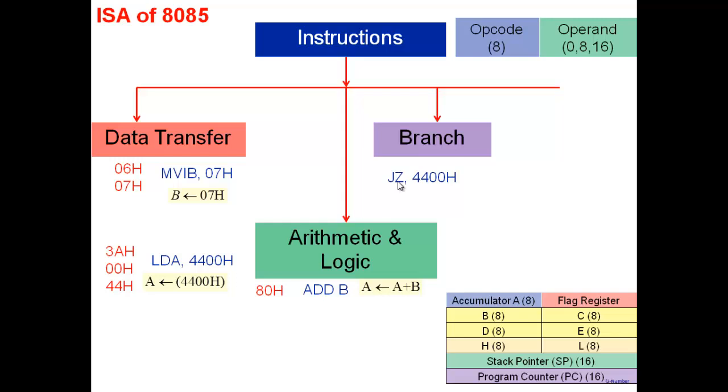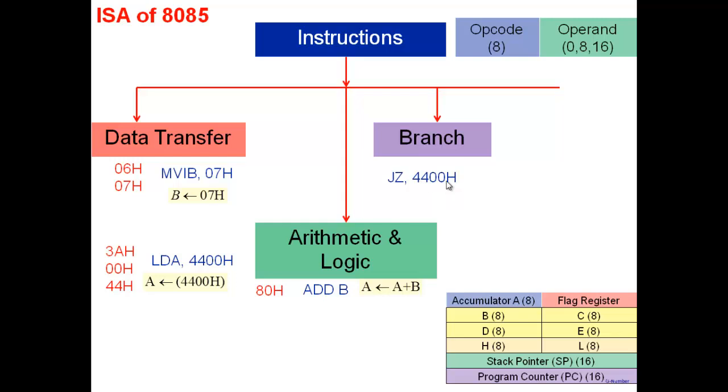So what it says is, look at the contents of the accumulator. If the contents of the accumulator is 0, then the flag is set. So it says if the flag is set, then jump to this memory address, which means now the program will jump to that 4400H and will start executing from there.